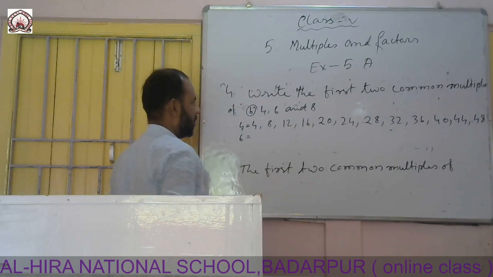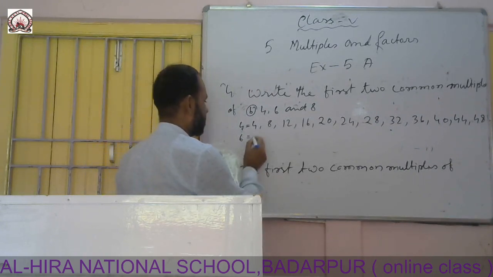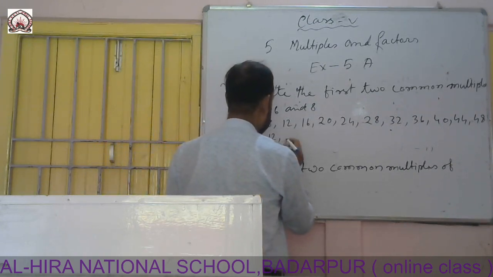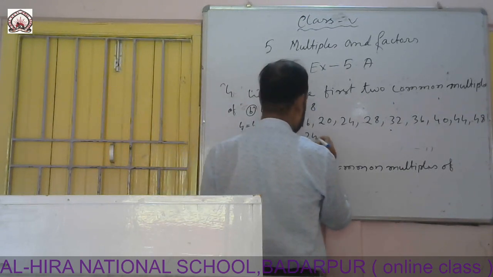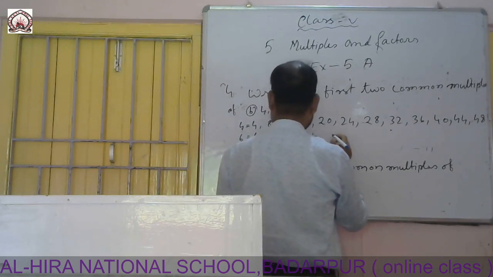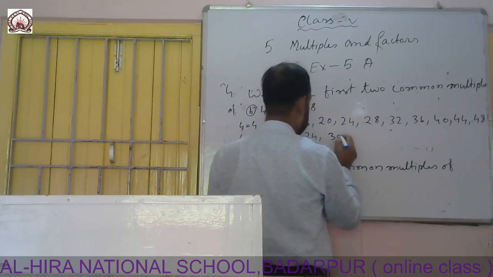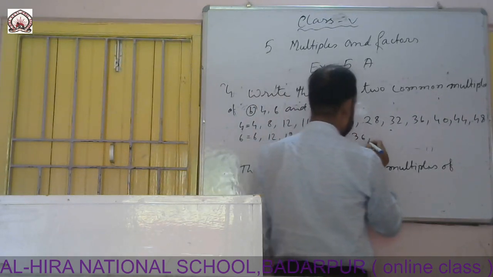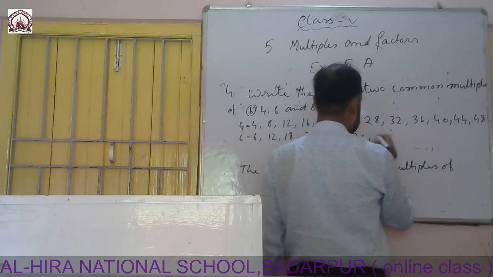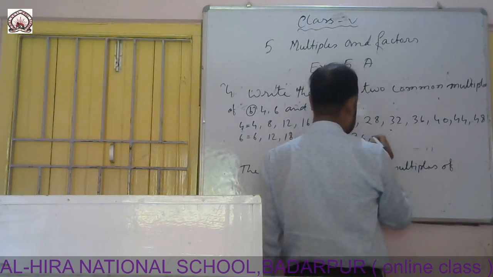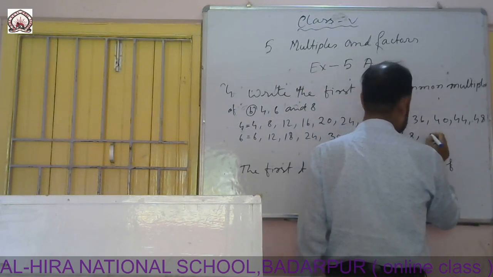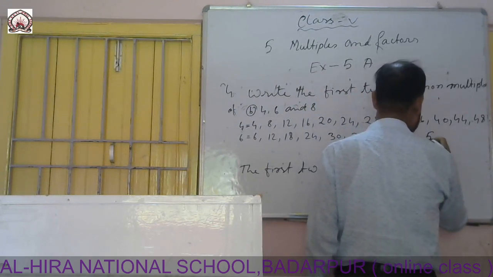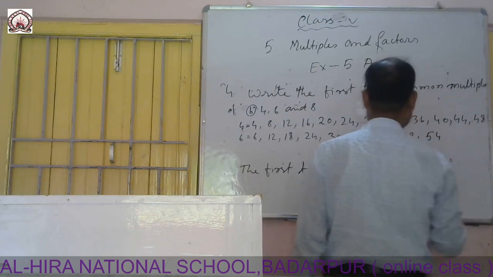Next, multiples of 6: 6, 12, 18, 24, 30, 36, 42, 48, 54.